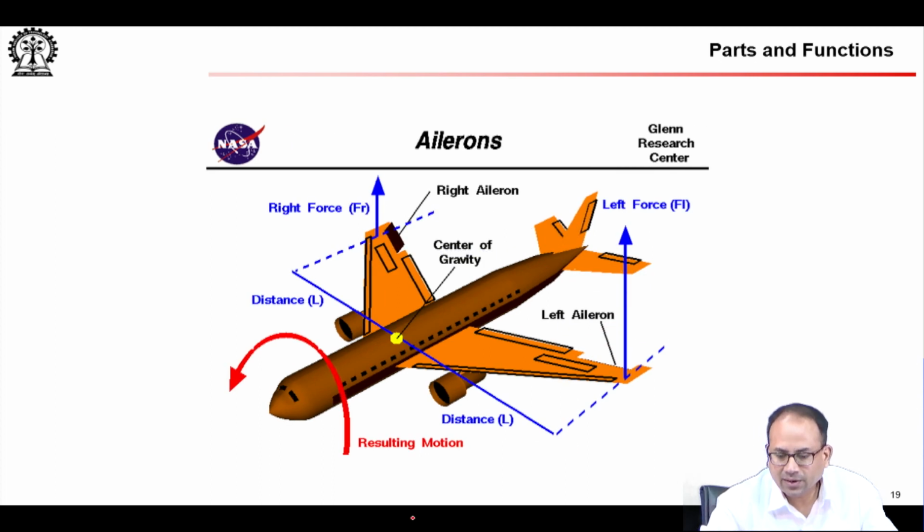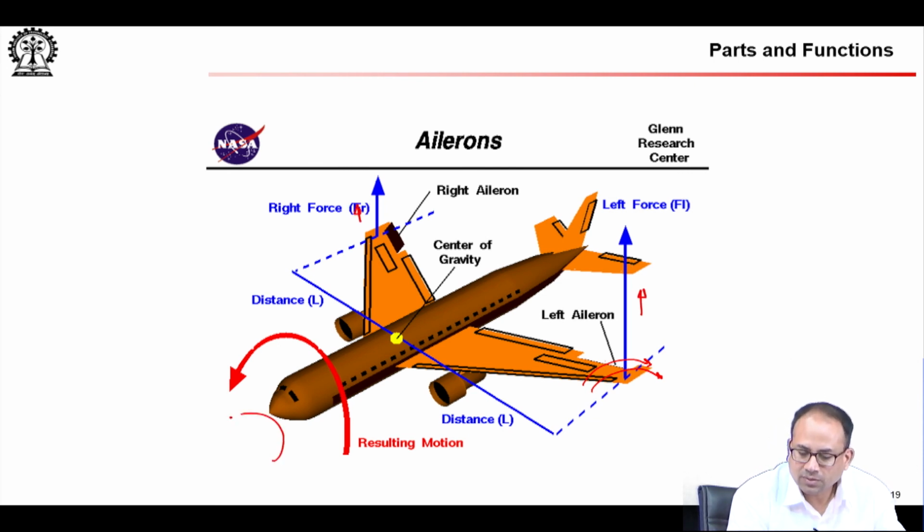Here is the aileron deflection. You see the aileron is deflected down. So, flow is getting diverted down, and you have more lift on this surface than on this surface. So, that leads to the rolling motion.